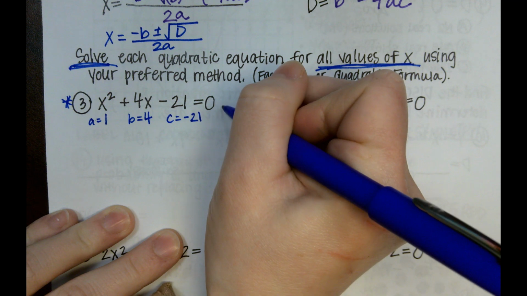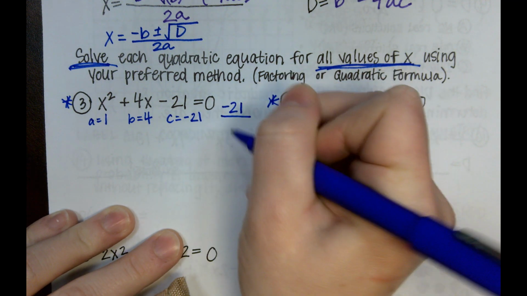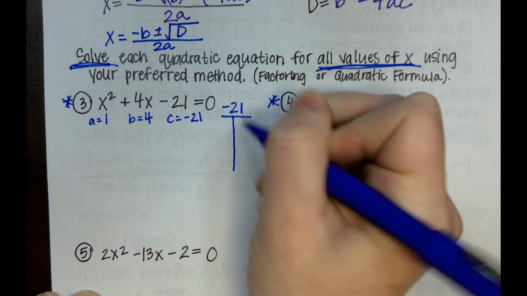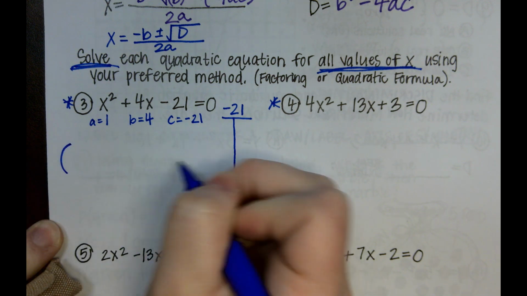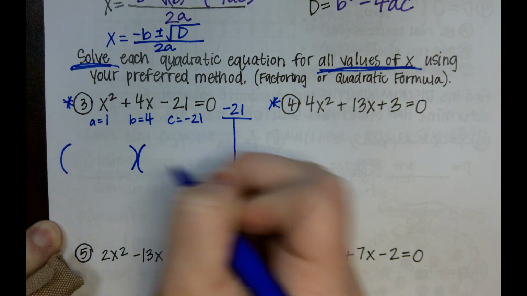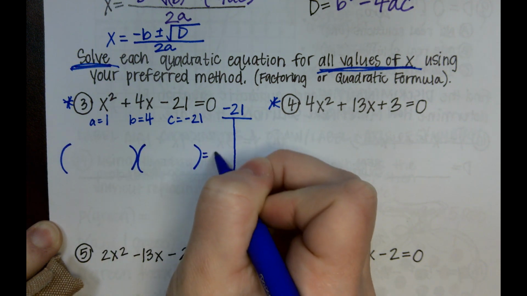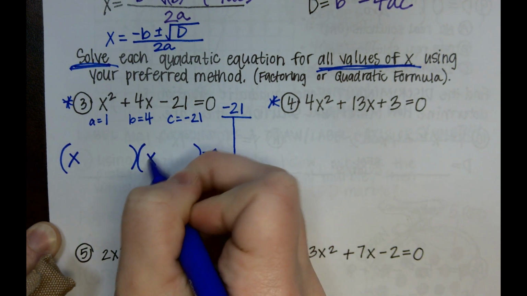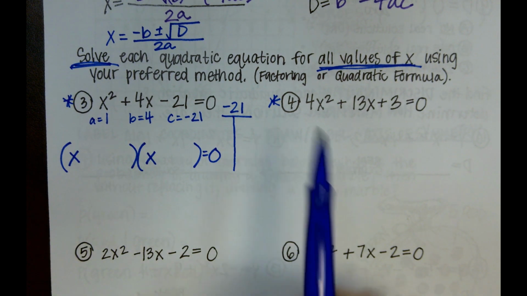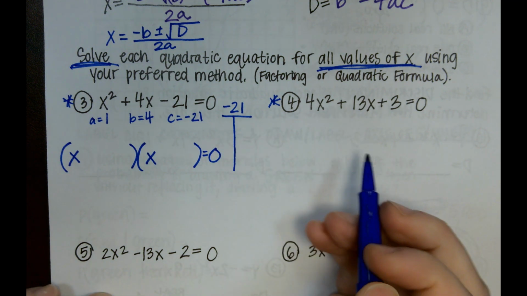I need to find the factors of negative 21. Negative numbers have factors with different signs, one positive and one negative, so my factored form will have x plus something and x minus something. What are some of the factors of negative 21?